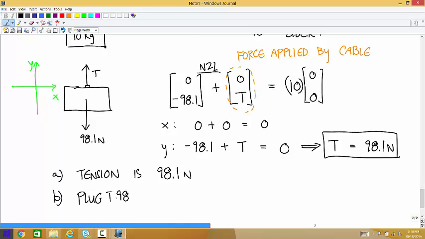So plug T equals 98.1 into 0, T, and you get 0, 98.1 for the force vector. So what direction is that force of 98.1 acting on the block? Up, yep, in the positive y direction.